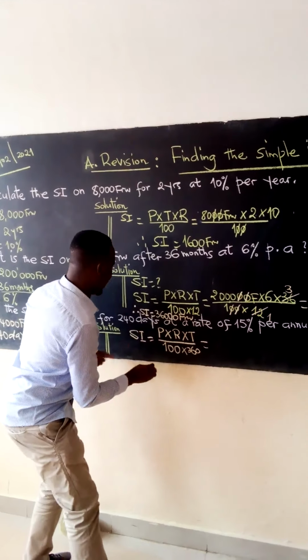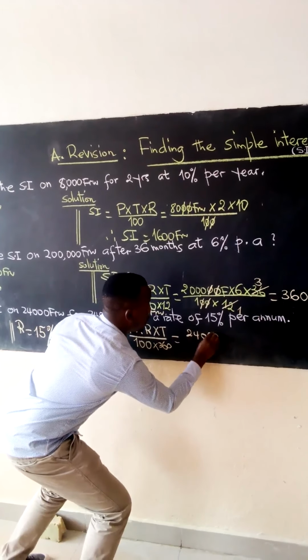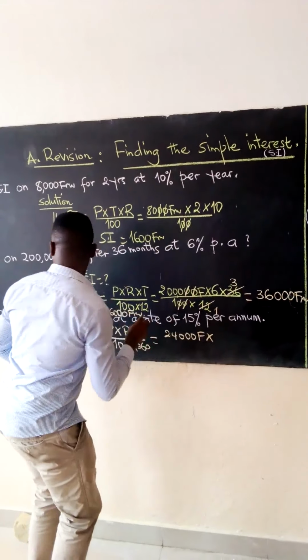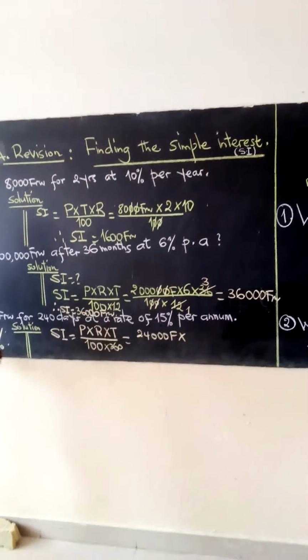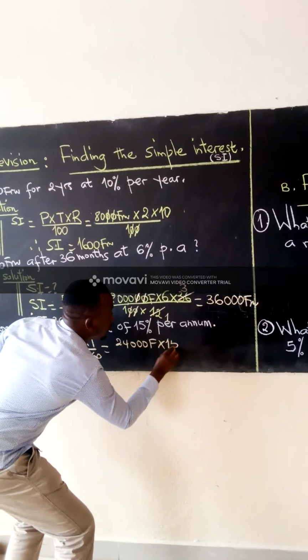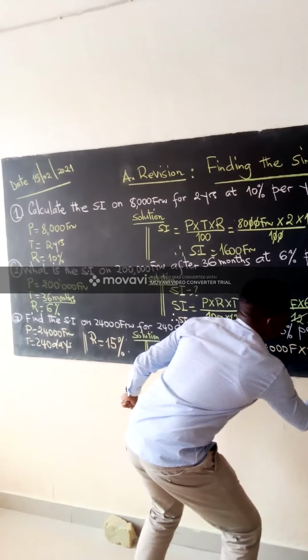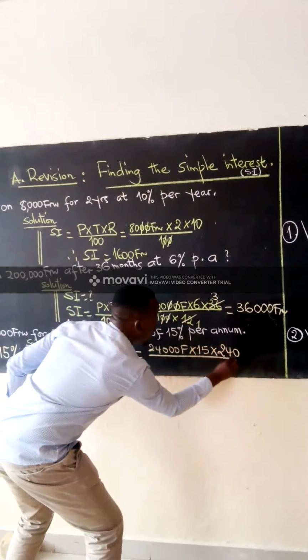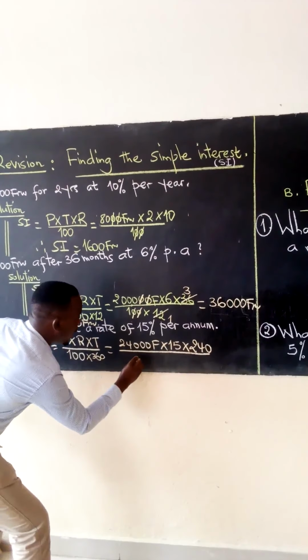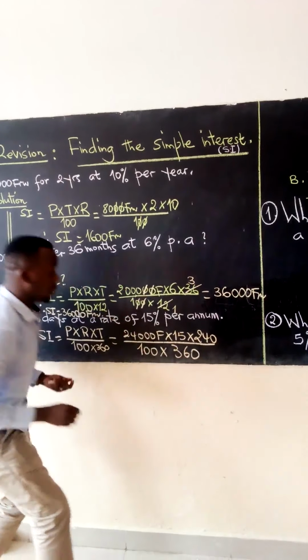So the principal is 24,000 francs times the rate. Remind me, the rate is 15%. 15 times the time, 240, over 100 times 360.